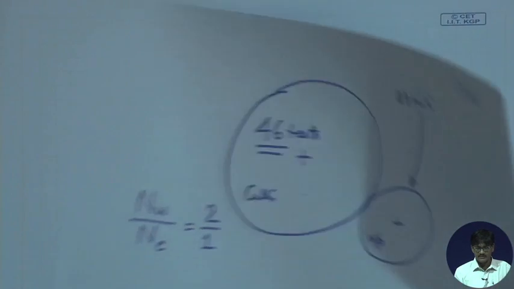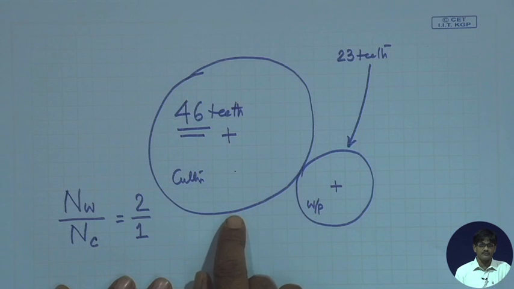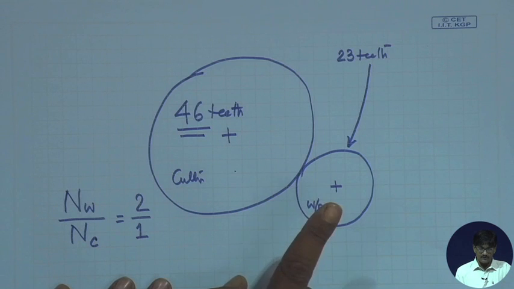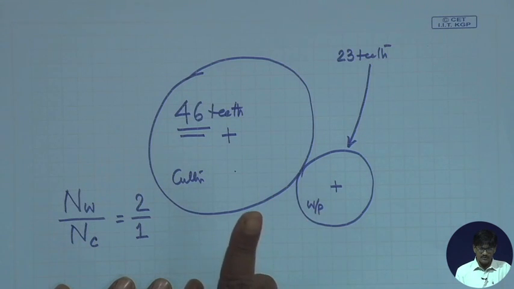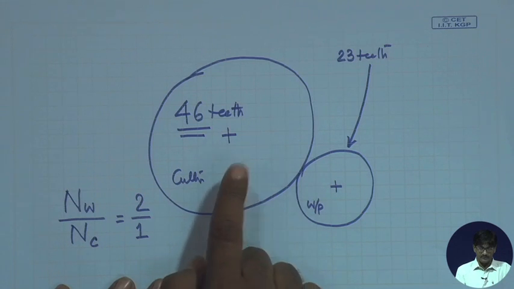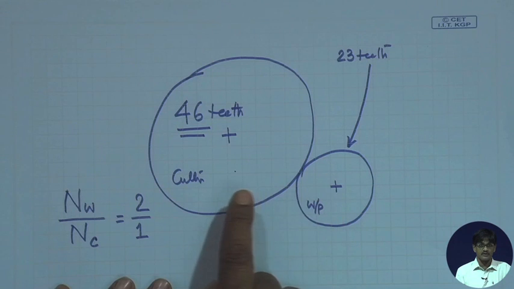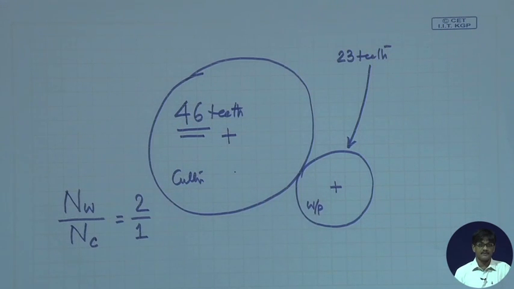So, to sum up this particular part, the number of teeth on the workpiece is completely determined by the ratio of the rotations that you are providing to the cutter and the workpiece.